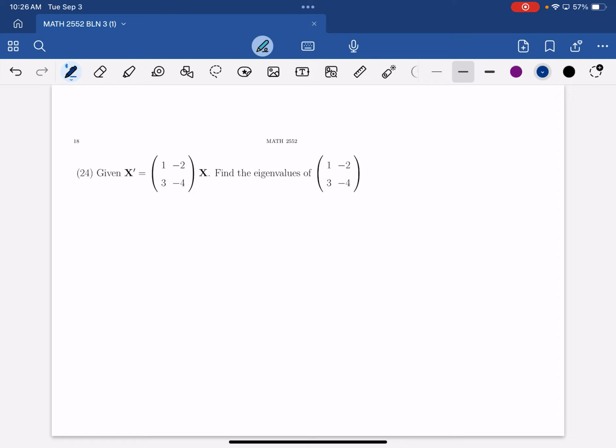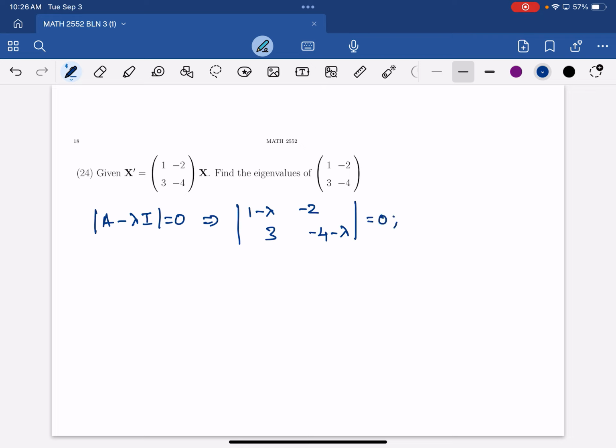Yeah. Okay. You write the determinant of A minus lambda I equals 0. So you are subtracting lambda from the elements on the diagonal and writing the characteristic equation. So this is going to be the determinant of [1 minus lambda, -2; 3, -4 minus lambda] equals 0.